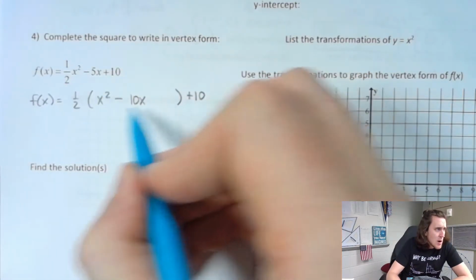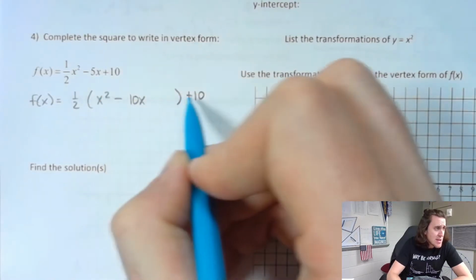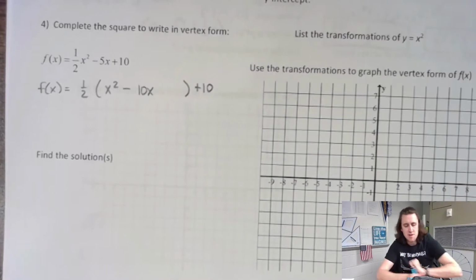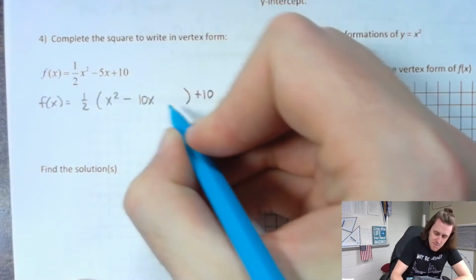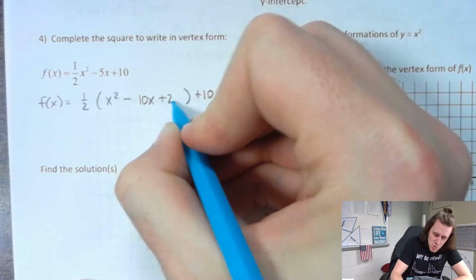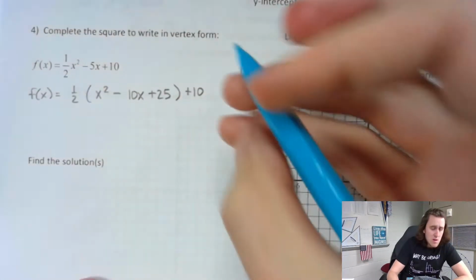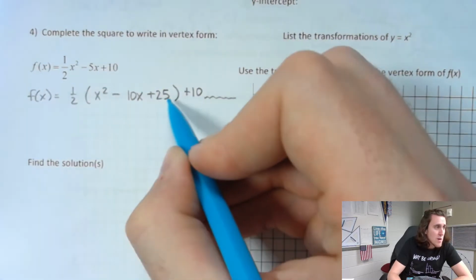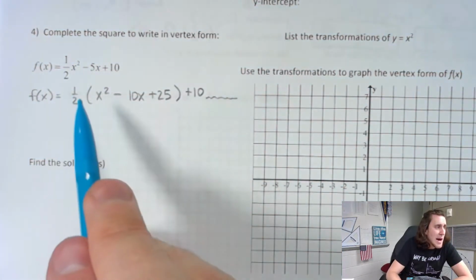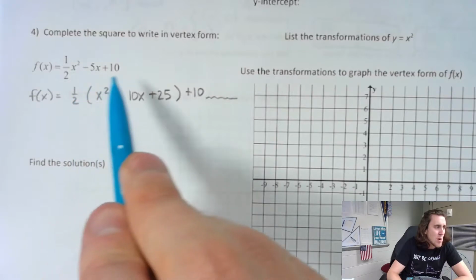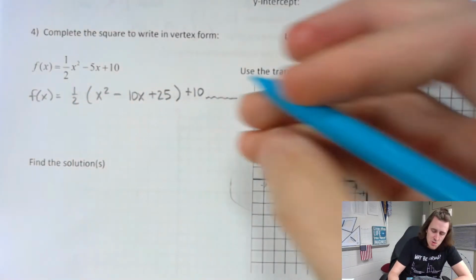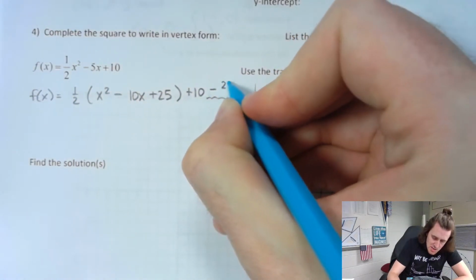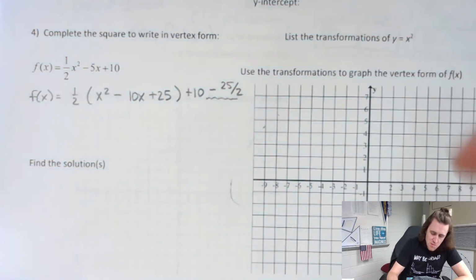We're trying to create a PST, so you look at your middle term, cut it in half and square it. Half of 10 is 5. 5 squared is 25. And then we want to balance it on the end, so we wrote plus 25. There's this half on the outside, right? That half multiplies this. So on the end, we want to subtract 25 over 2.